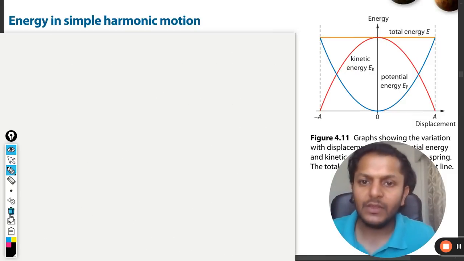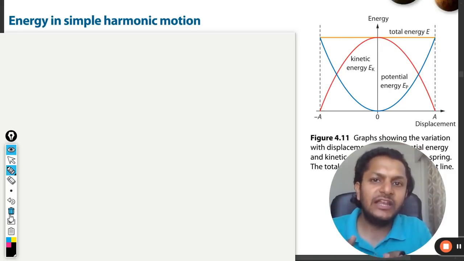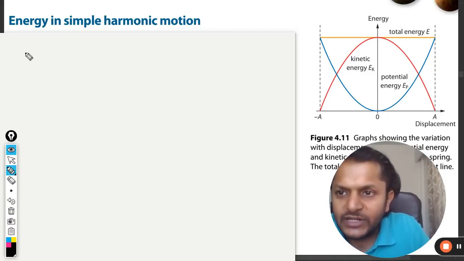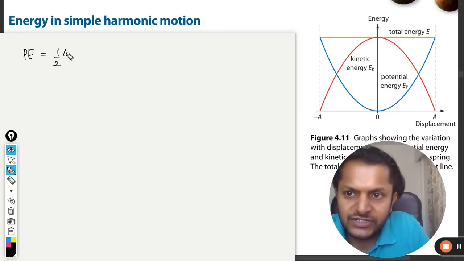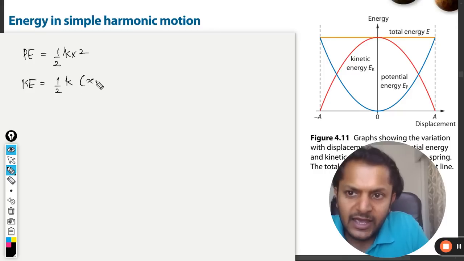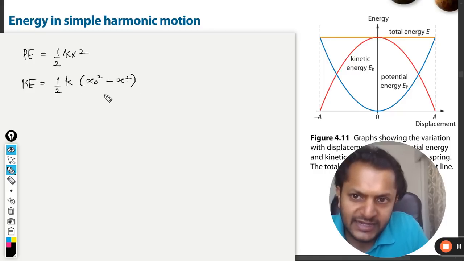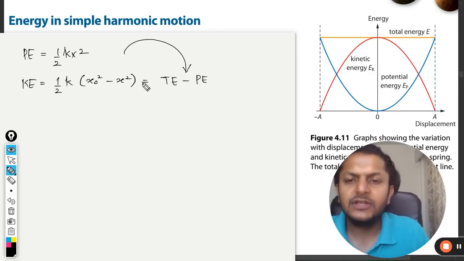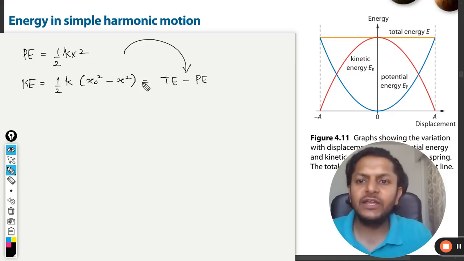Now, I'm going to tell you the end point of this video, the gist here. What is happening is we have one expression for the instantaneous potential energy, which is half k x square, and one for the kinetic energy, which comes out to be half k x naught square minus x square, which can literally be translated into total energy minus potential energy, isn't it? Absolutely.